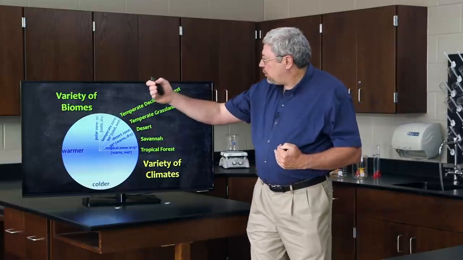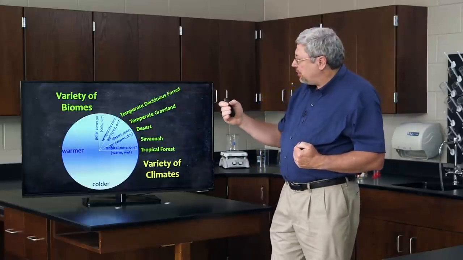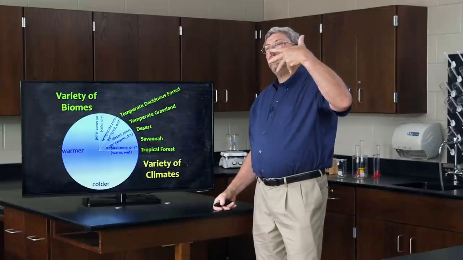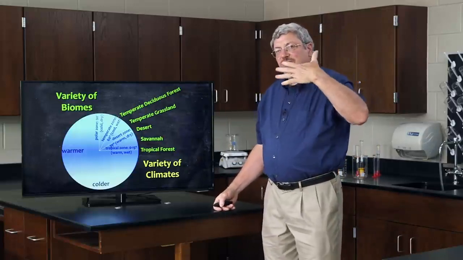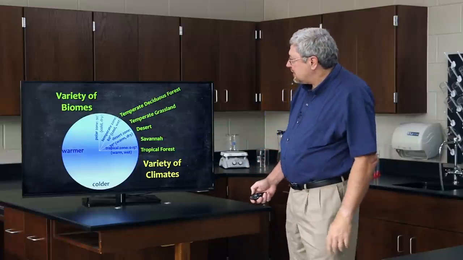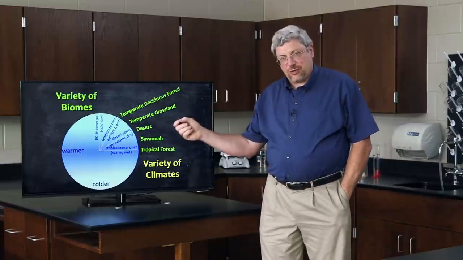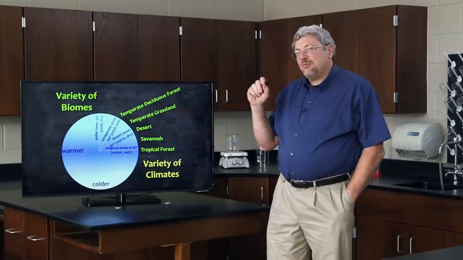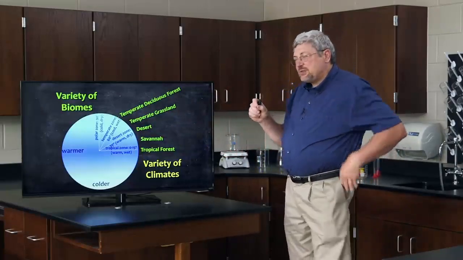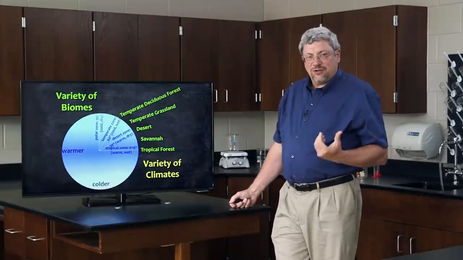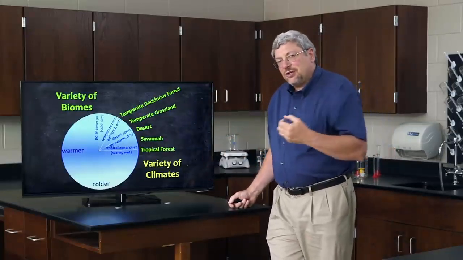Moving farther away from the equator towards the pole, we get into a zone that finally has enough water to keep forest fires from burning away all the trees, and we are in what's called a temperate deciduous forest. We make the distinction of deciduous because many of these trees actually lose their leaves in the fall through the winter.